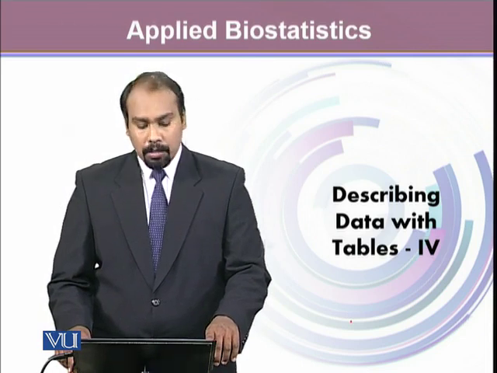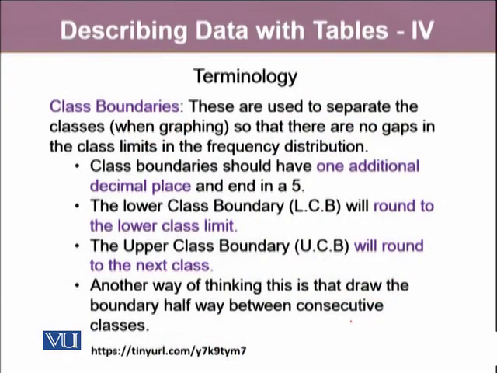In such situations, we will construct the class boundaries, where class boundaries are used to separate the classes, and most importantly when we are drawing graphs for our data, so that there are no gaps in the class limits in the frequency distribution.